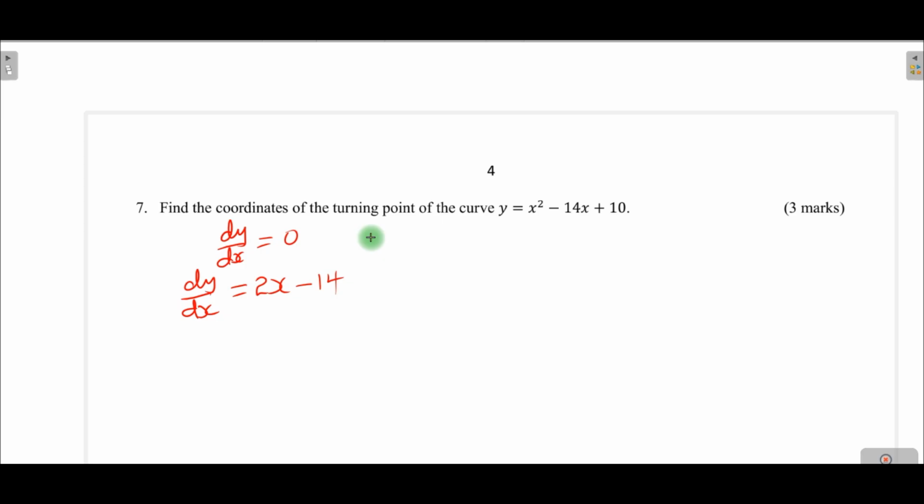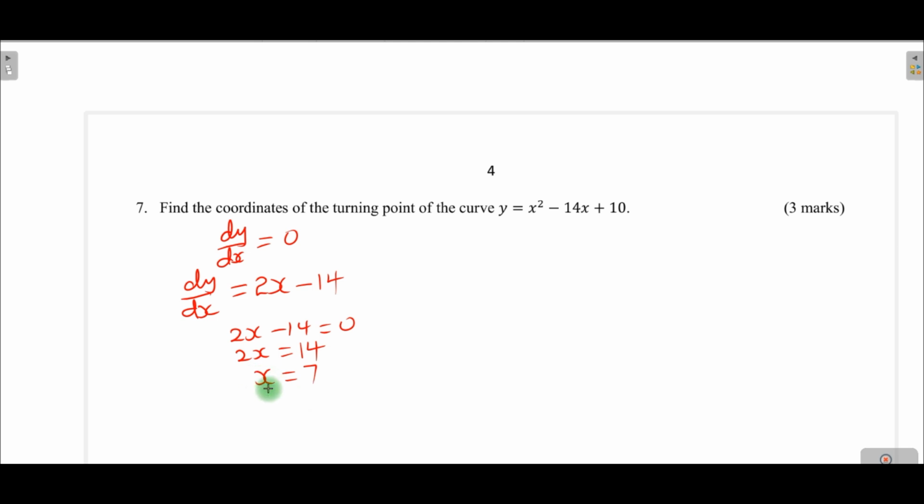So that is the gradient function of this curve. Setting 2x minus 14 equal to 0, we have 2x equal to 14, so x is 7.